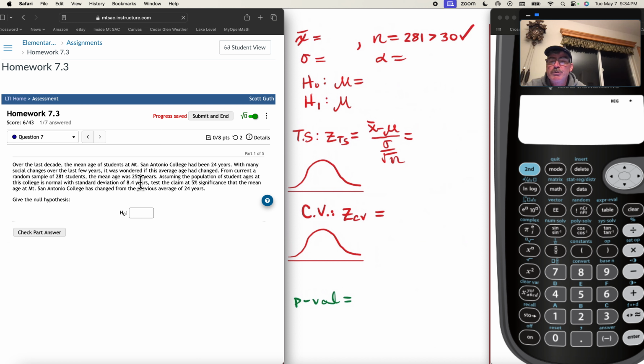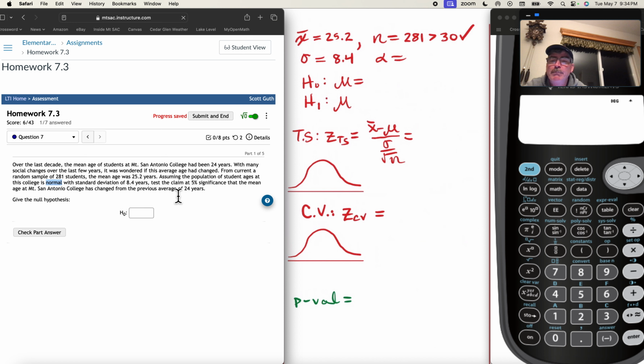The mean age was 25.2. That's from a sample, so x bar is 25.2. Assuming the population of student ages at this college is normal, which I don't actually need, but it has a standard deviation of 8.4 years. Okay, so the sigma is 8.4.